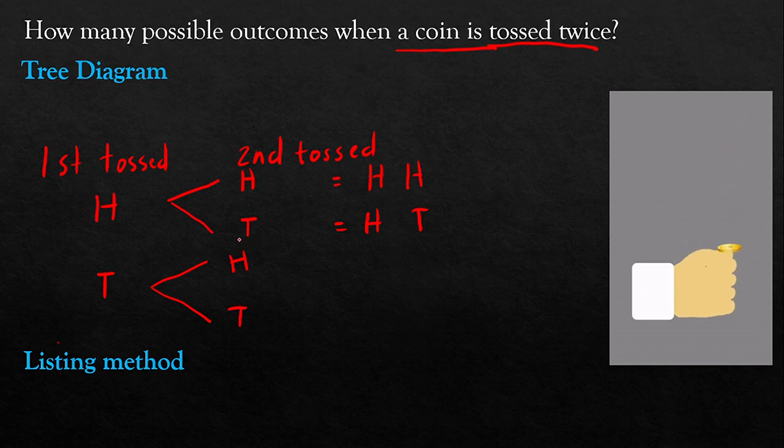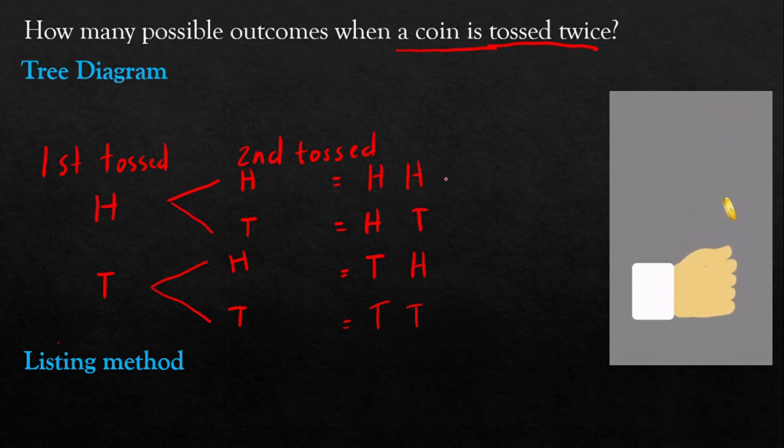That is another outcome. Next, if your first toss is tails and your second toss is heads, that is also a possible outcome. And if your first toss is tails and your second toss is also tails, that is also a possible outcome.